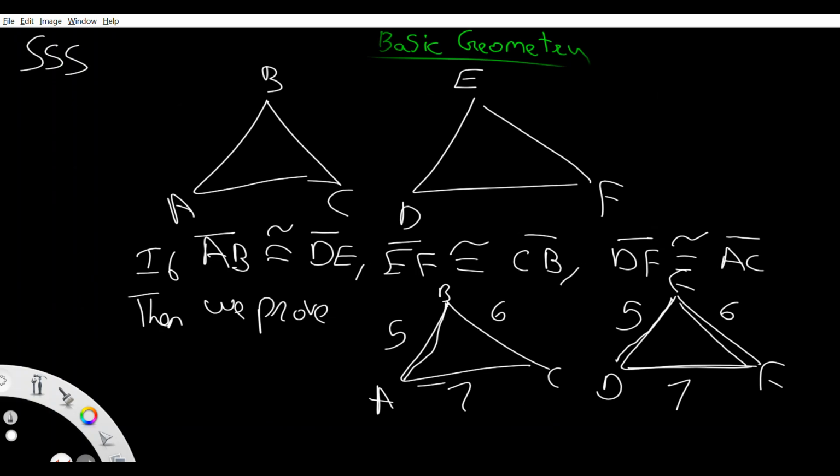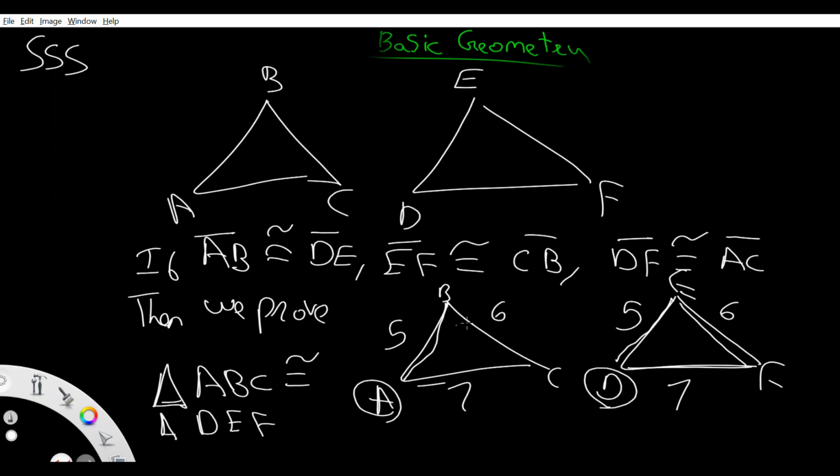Now how we write this is that triangle ABC is congruent to triangle DEF. The same orientation. First A, so first D. Then second B, and second E. Lastly C, and lastly F. It has to be the same orientation.